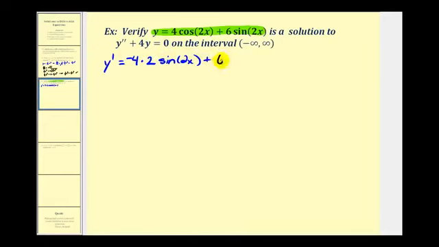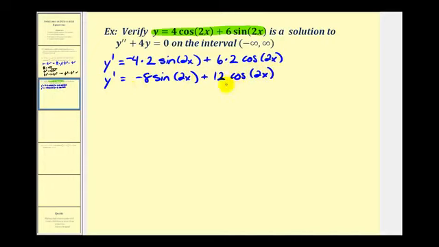Plus 6 times the derivative of sine 2x. Again, applying the chain rule, this is going to be cosine 2x times 2. Put the times 2 here, and then cosine 2x. So y prime is equal to negative 8 sine 2x plus 12 cosine 2x. And now we need to find y double prime. So y double prime is going to be equal to the derivative of negative 8 sine 2x. So we're going to have negative 8 times the derivative of sine 2x, which is going to be cosine 2x times 2 because of the chain rule.